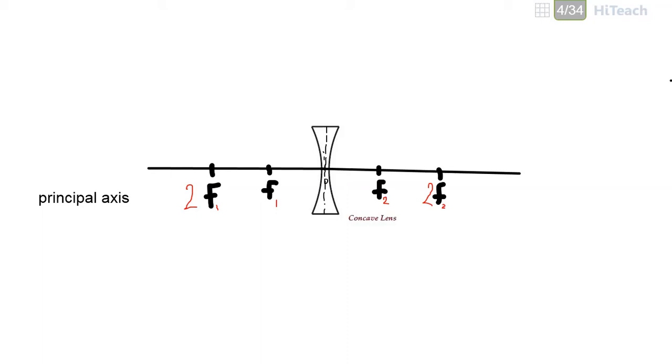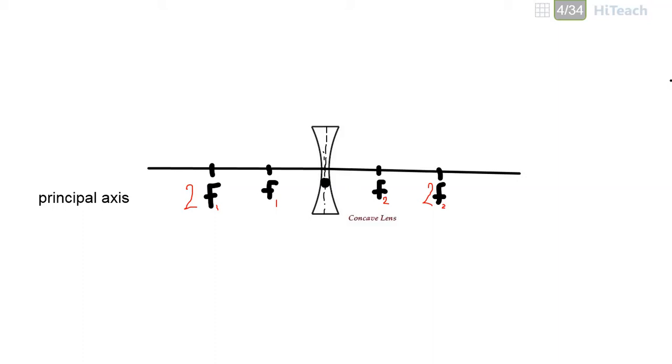Maybe it's not clear for you, I'll make it clear. This one here is O, okay? The distance between the optical center and F1 is the focal length. For example, I put it here, for example, 2 centimeters.